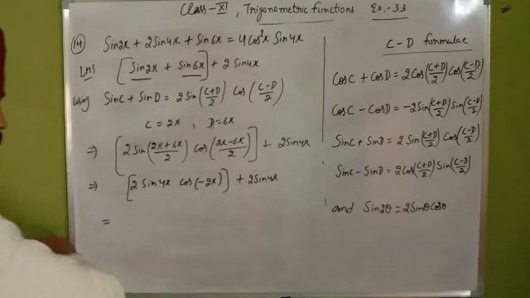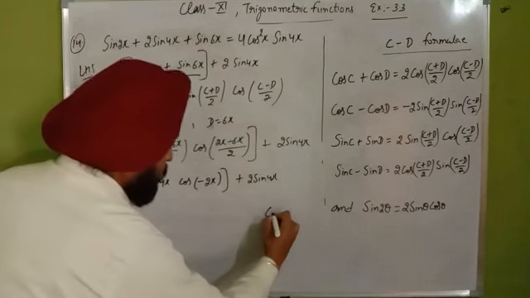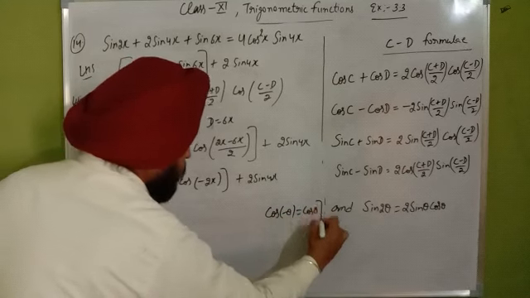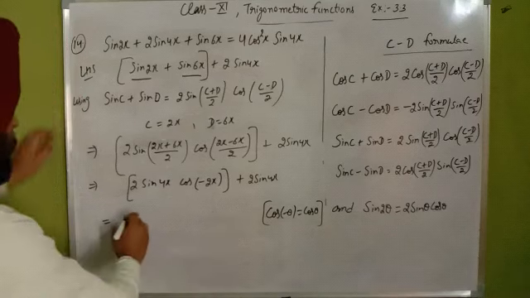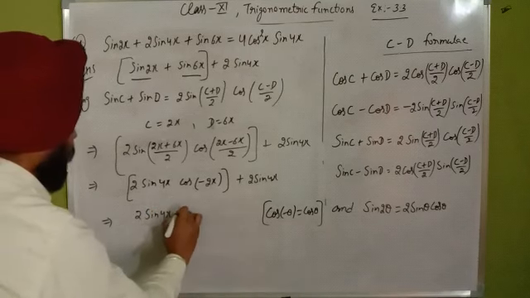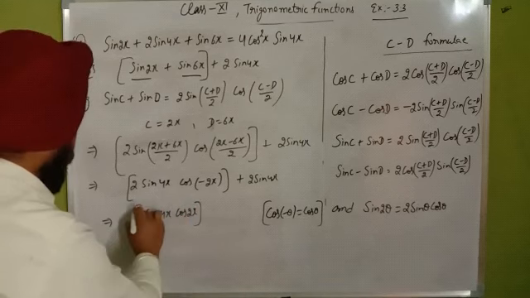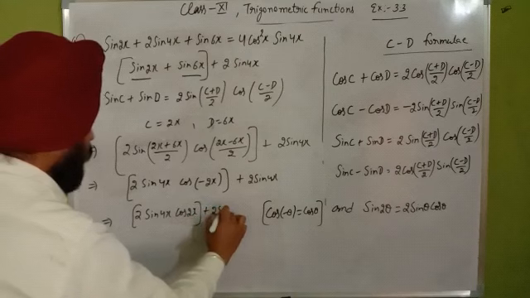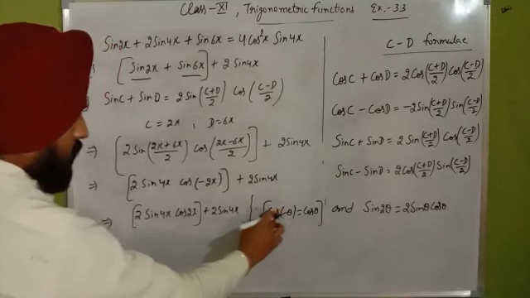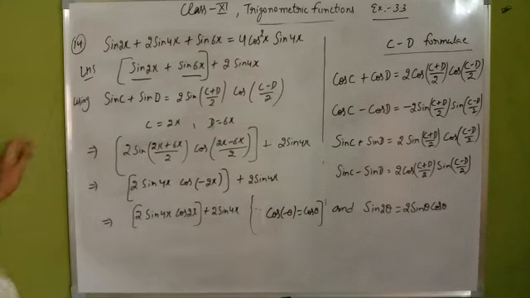Clear? Now you can check it, cos negative theta is always positive cos theta. So we can write it as 2 sin 4x into cos 2x, clear, plus 2 sin 4x. That is the reason, because cos negative theta is always cos theta.